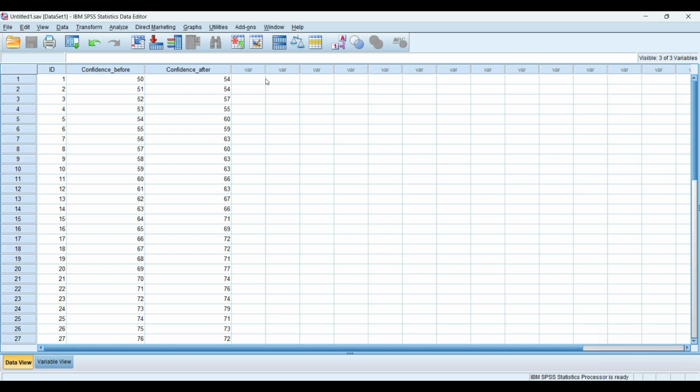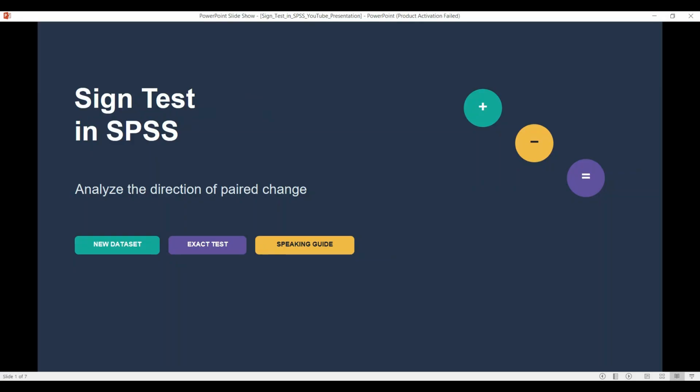We will also see the assumptions, parameters, and other guidelines to conduct the sign test in SPSS.